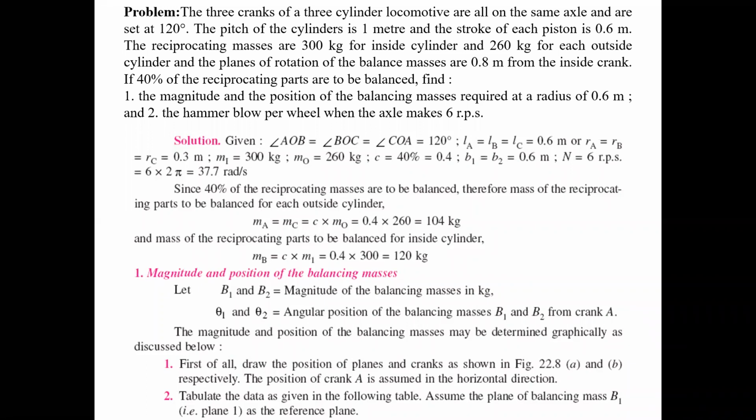Then you will find omega from the n value: omega equals 6 into 2 pi, that is 37.7 radian per second. Because they gave RPS rather than RPM, we take omega equals 2 pi n, which is 37.7 radian per second.